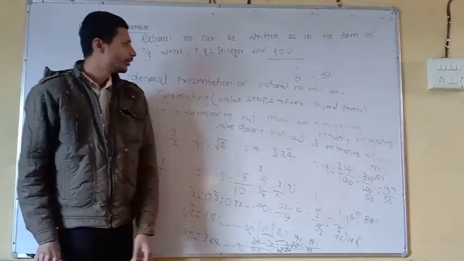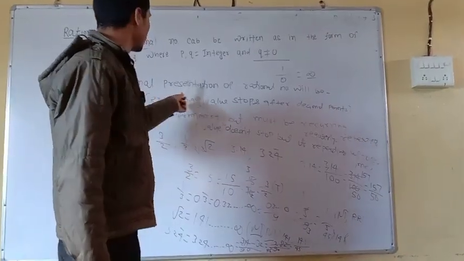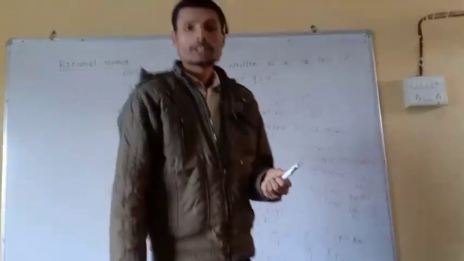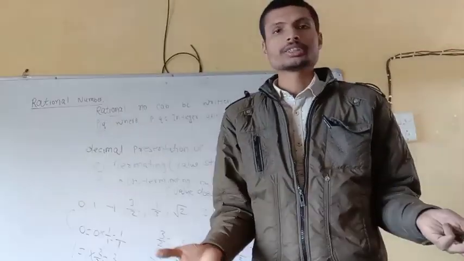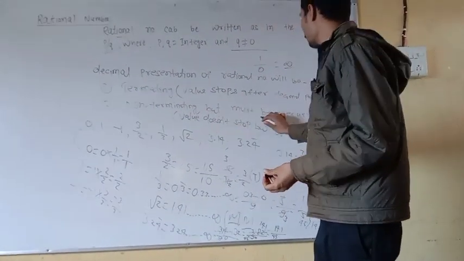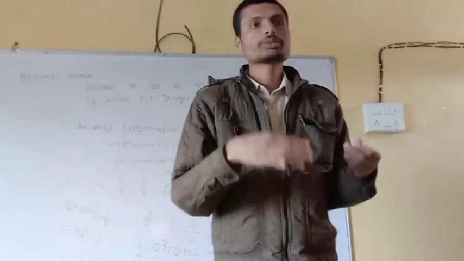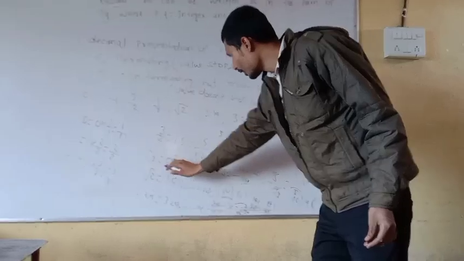So we can say that a number whose decimal expansion is terminating means the value stops after the decimal point. Otherwise, the decimal expansion is non-terminating but recurring. It means the value doesn't stop after the decimal point, just like this one number and this one number also.